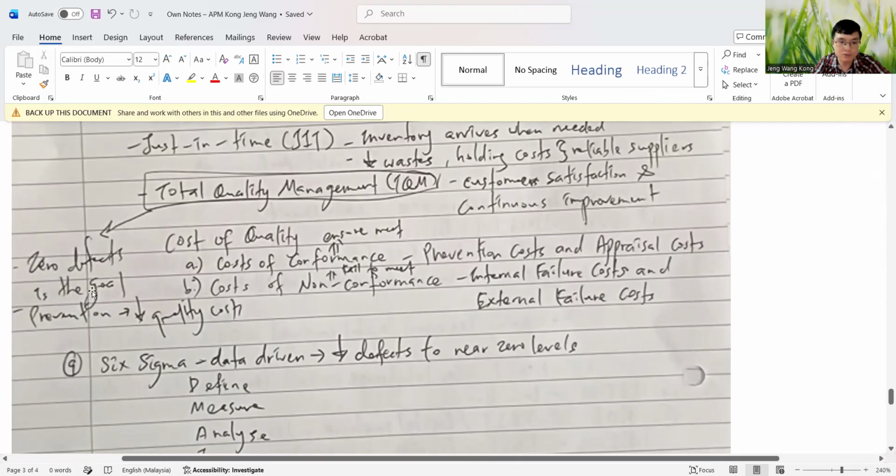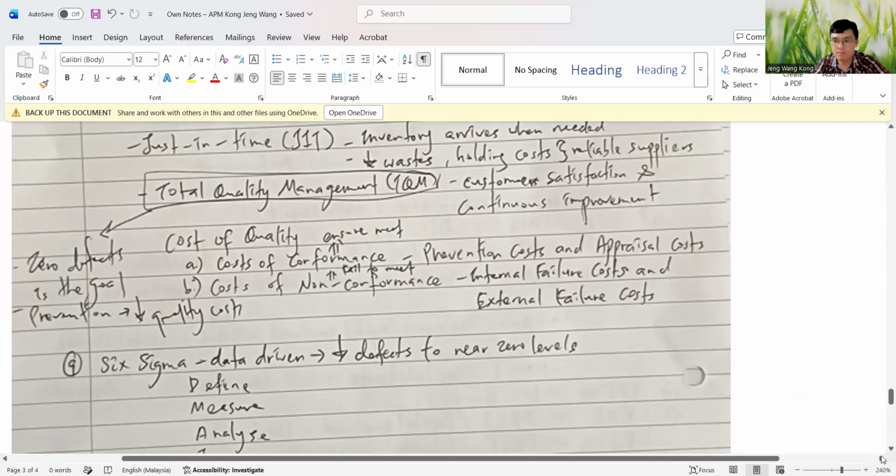This is prevention to reduce quality costs, meaning that ensuring the cost of conformance will help reduce the cost of non-conformance. Cost of conformance: prevention cost and appraisal cost. Cost of non-conformance, failing to meet the standards: internal failure cost and external failure cost.